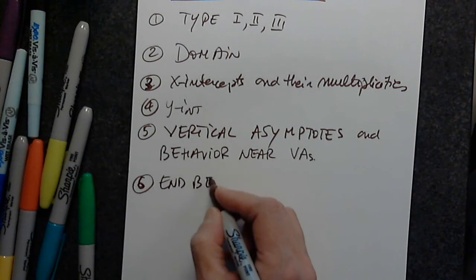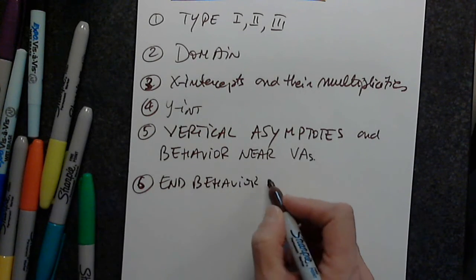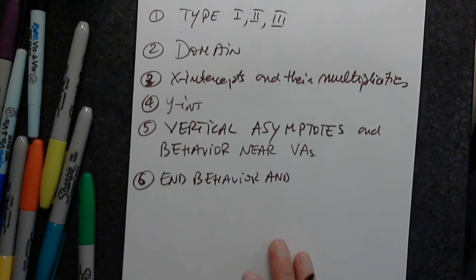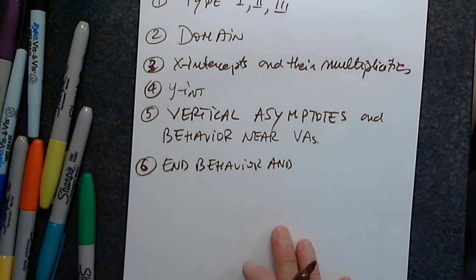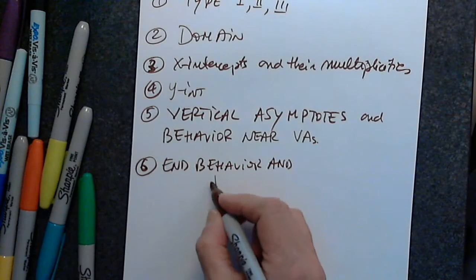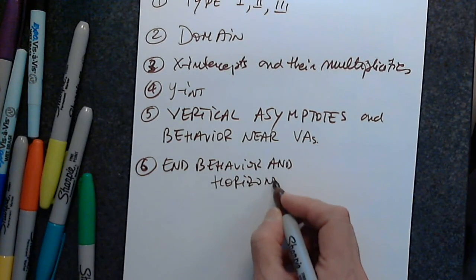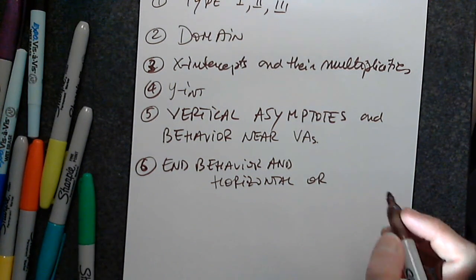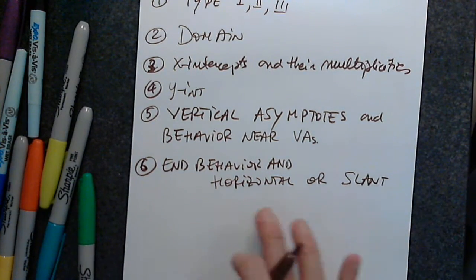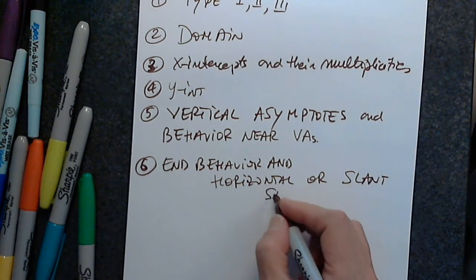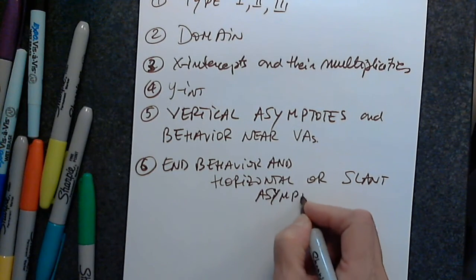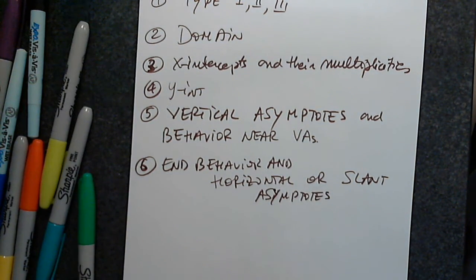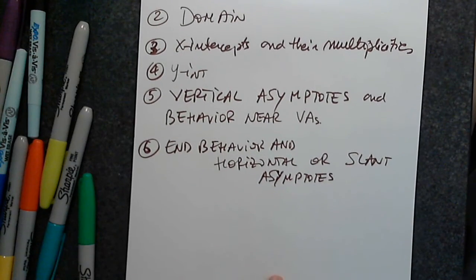And behavior. And horizontal, or there is no horizontal, or slant asymptote. A function cannot have horizontal and slant asymptotes. 7.